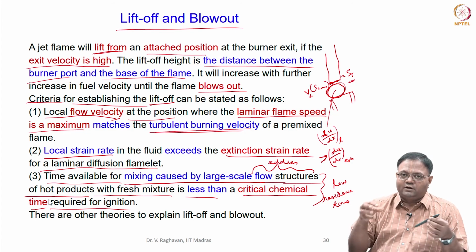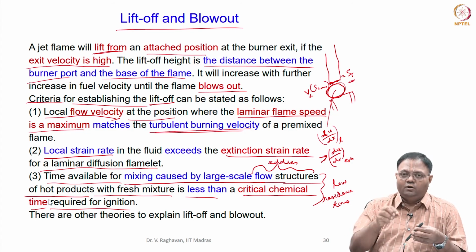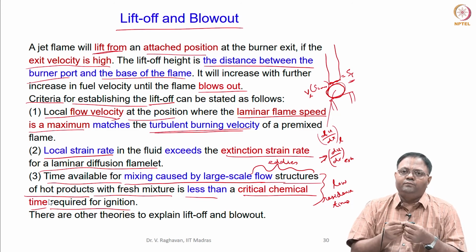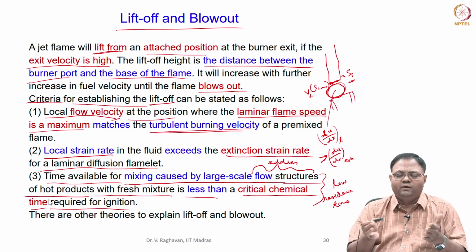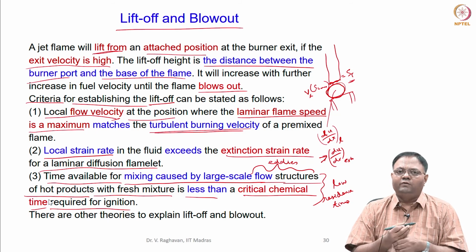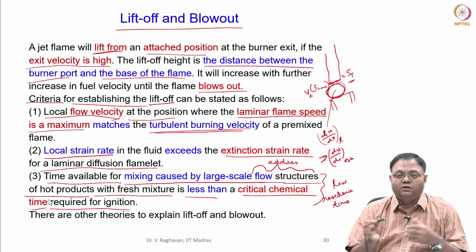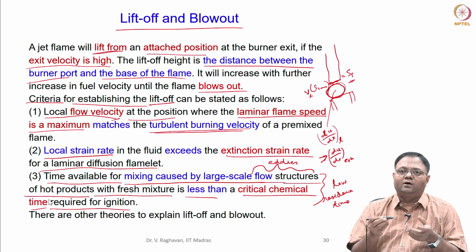When the mixture is formed at stoichiometric ratio, it should be ignited by some hot products, which are the already existing flame, or the hot environment should ignite it. There is no pilot or anything there.